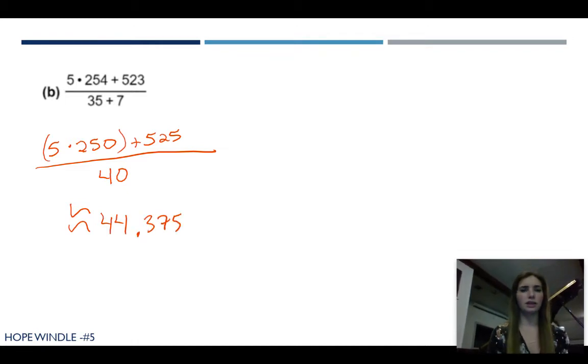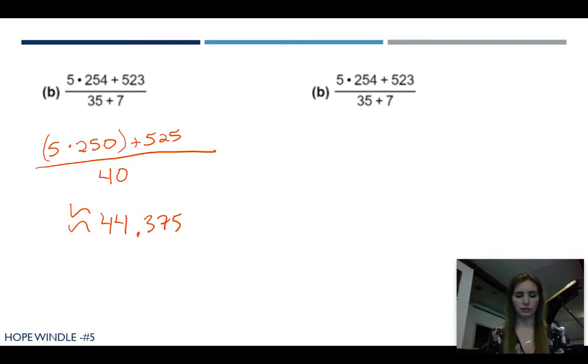Now, let's go ahead and calculate it exactly to see what we would get. Okay, we're going to say 5 times 254, and that's going to be 1270, and then we're going to add 523, and then we're going to divide all that by 42, and that's actually going to exactly equal 42.69.